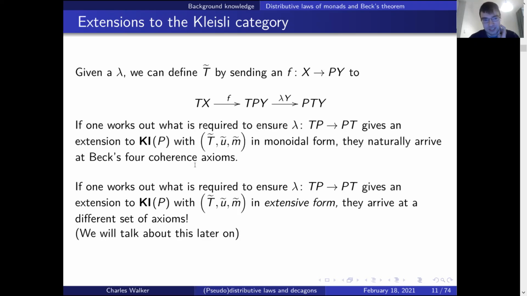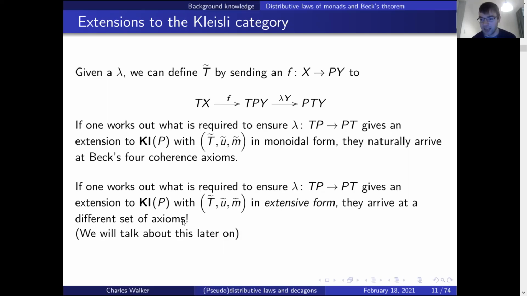Right, now the interesting thing is, if you work out what's required to ensure that this lambda gives an extension to the Kleisli with this extended monad in extensive form, then you'll arrive at a different set of axioms. And maybe you can already see this. That's because the definition of a monad in extensive form has literally just 3 things to check, right?